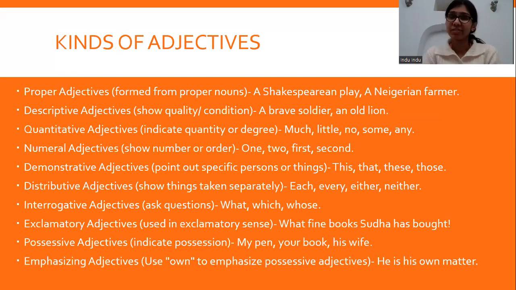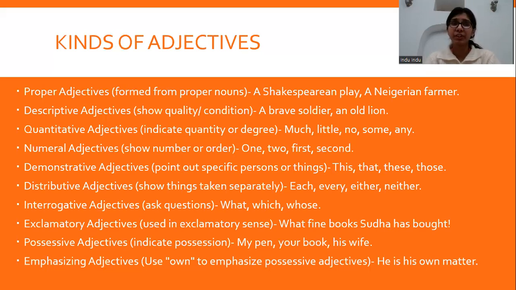Now we have certain kinds of adjectives. All of them are important to remember. And I have made one table for all of those, right? So we have proper adjectives that are formed from proper nouns. For example, a Shakespearean play, a Nigerian farmer, right?